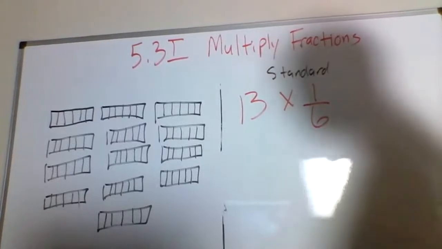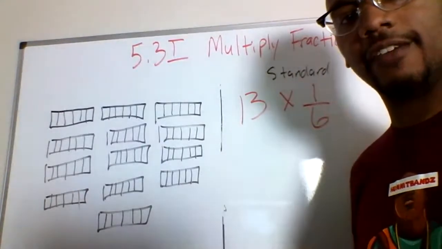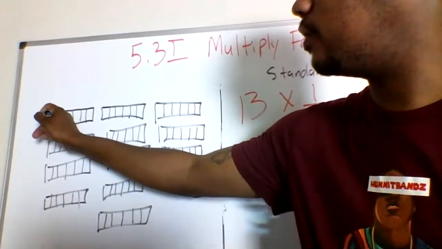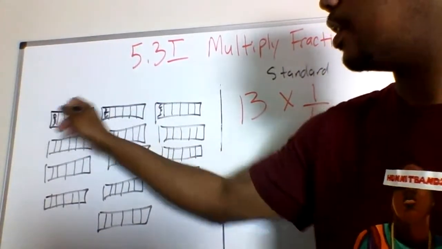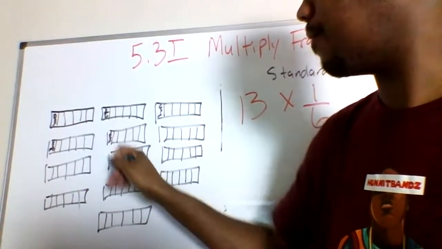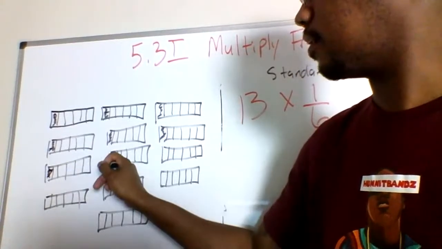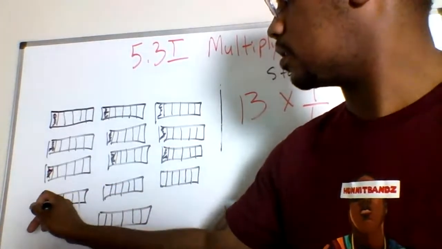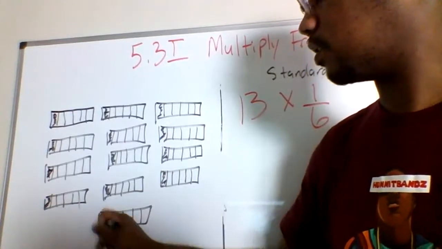All right. Now, I only need to shade 1 out of each 6 because that will be representing 1/6. So I'm going to shade the first one out of each one. So that's 1, 2, 3, 4, 5, 6, 7, 8, 9, 10, 11, 12, 13.